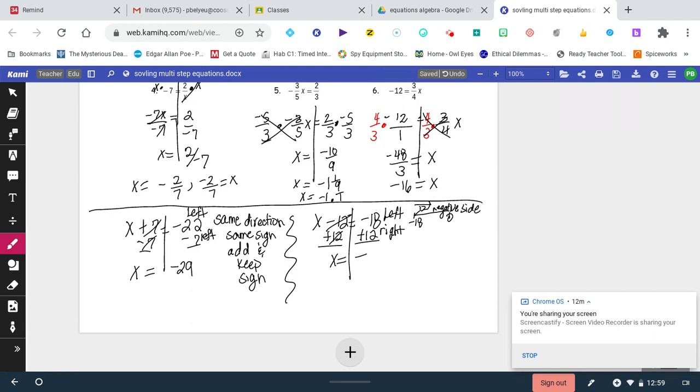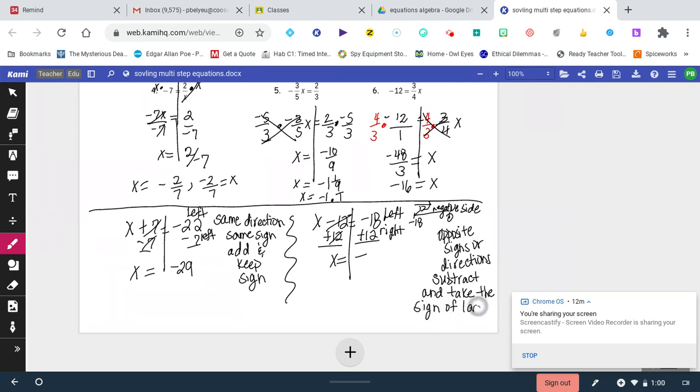Well, what do you do if they go in opposite directions or they have opposite signs? Opposite signs or directions, because I taught directions last year. Then what you want to do is subtract and take the sign of the larger group.